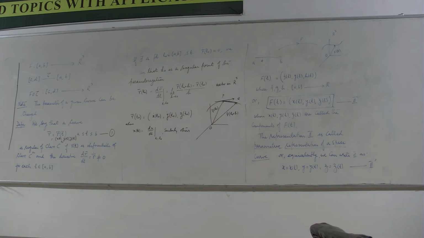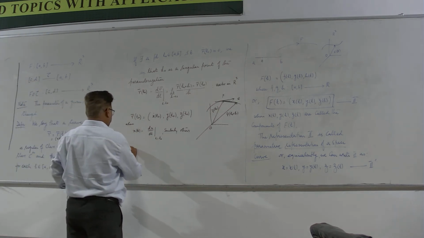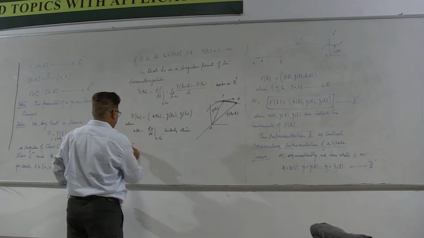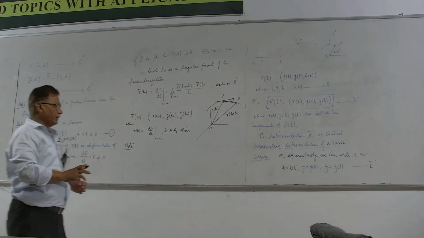Now this parameter t, we usually call it a generalized parameter. There are certain things which you should note down, because there will be other parameters coming along.